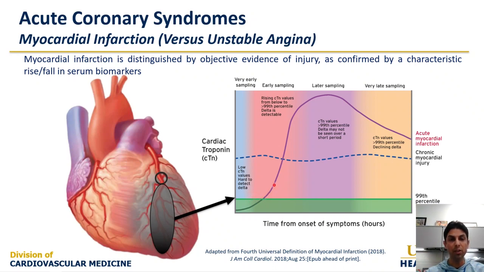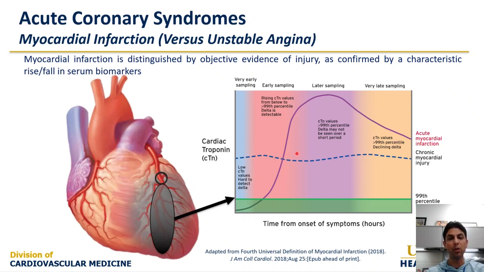And over time, as we continue to draw cardiac troponin levels, we'll see that it will rise well above that 99th percentile. And then over time, as we do later sampling, we'll see a peak. And then as we do very late sampling, we'll start to see a fall. So this characteristic rise and fall in cardiac biomarkers, in this case cardiac troponin, is consistent with an acute myocardial infarction.